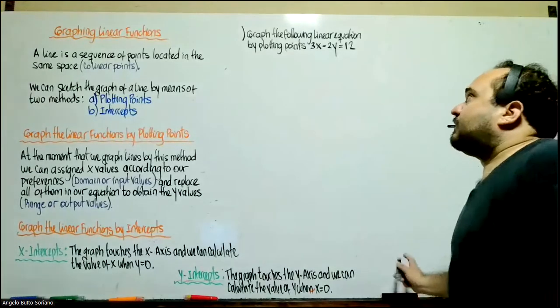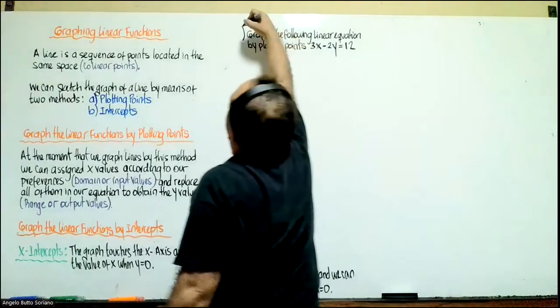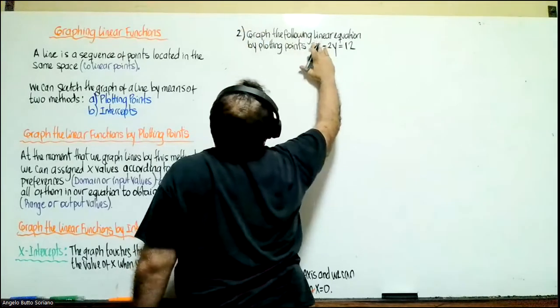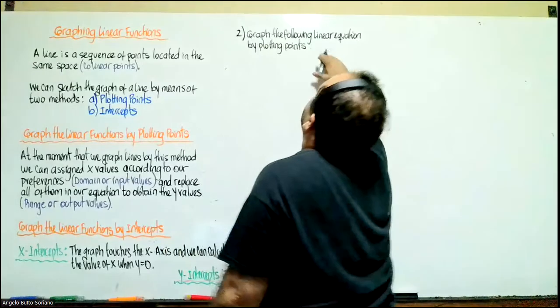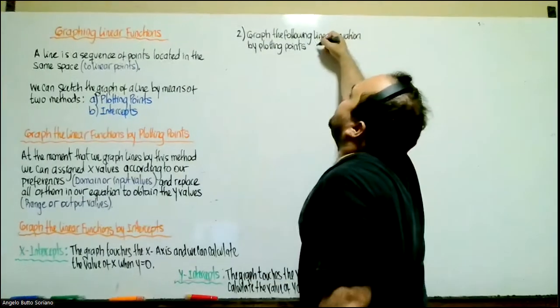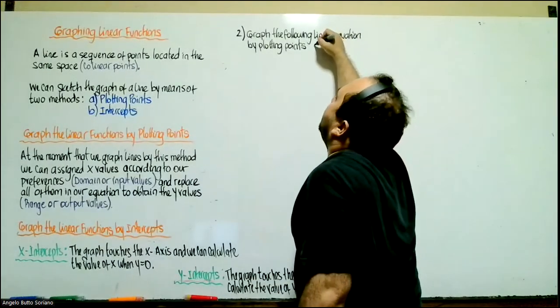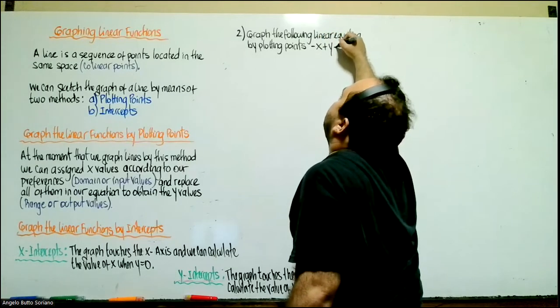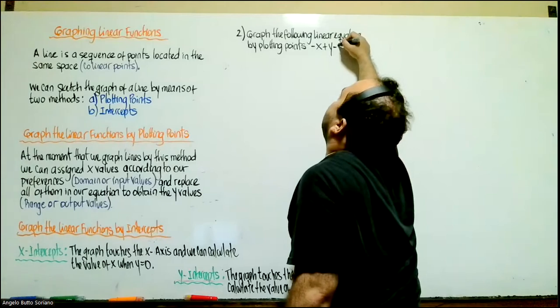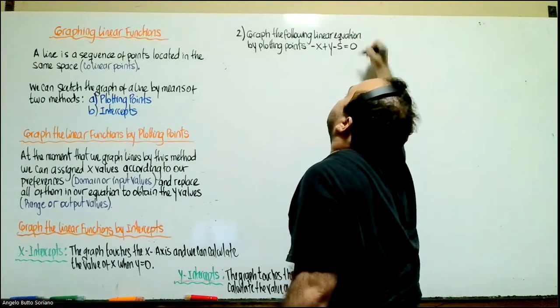We're going to sketch the graph by plotting points, okay? But this time, we have another equation. This equation is given by negative x plus y minus 5 equals 0, okay?